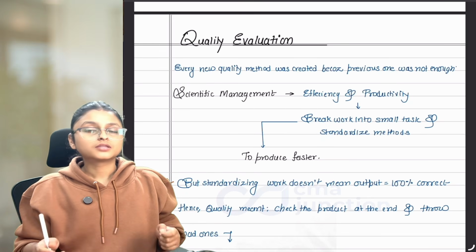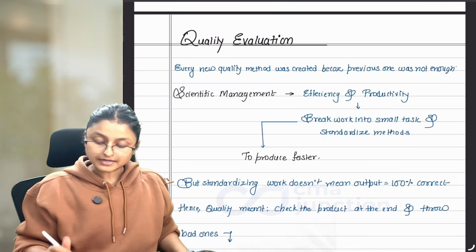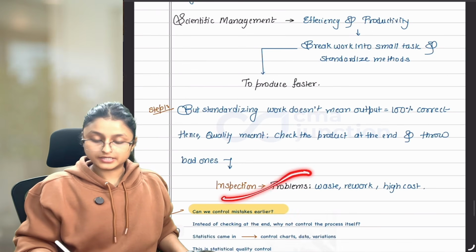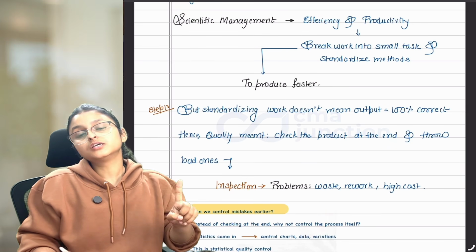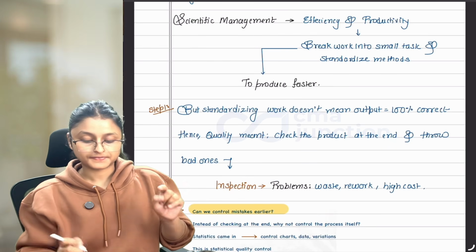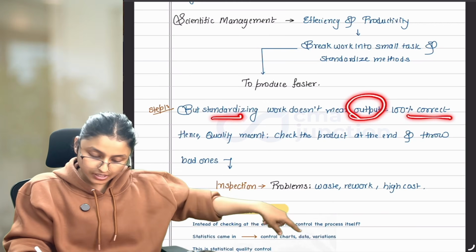Answer is no. There might be some defects even if everything is standardized. And that is why inspection was needed, and this is the first step or the first thing in the quality measurement which came in. But standardizing work doesn't mean output is equal to 100% correct.